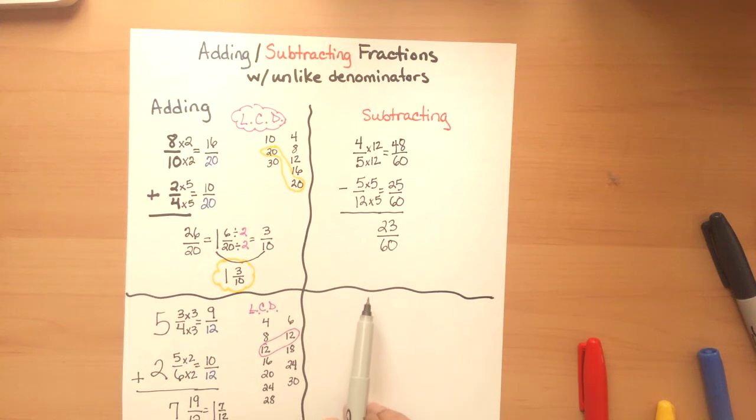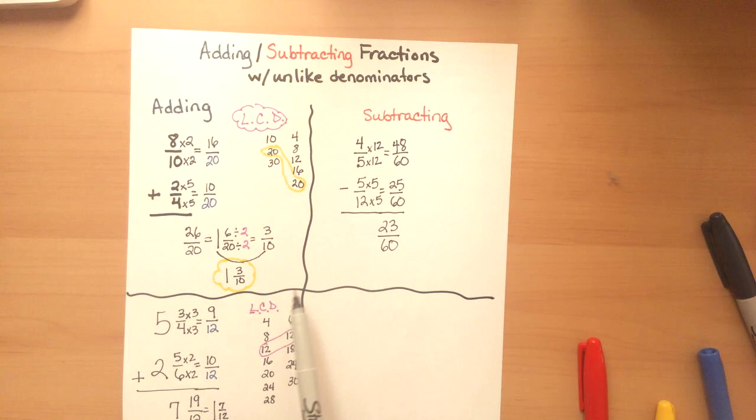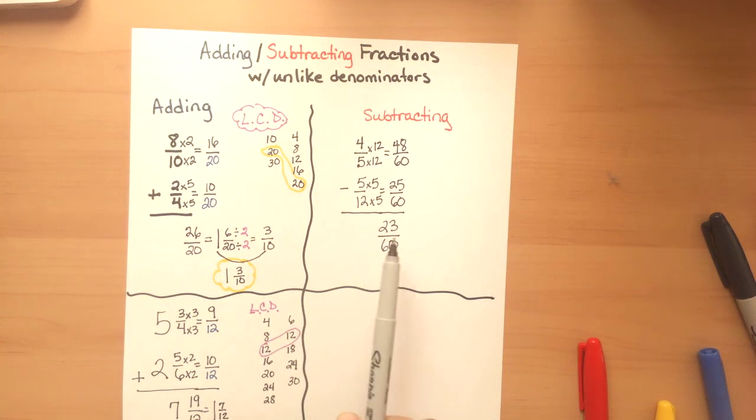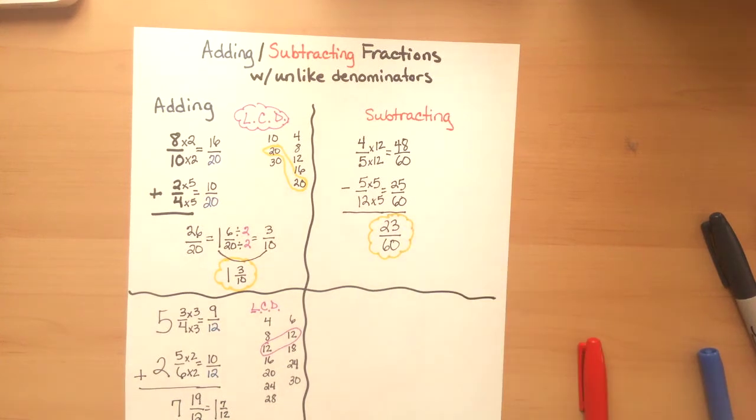Yes, it is. And you should know that it's simplified because 23 is a prime number, and 23 and 60 do not share a greatest common factor. So therefore, I can put my bubbles around my final answer.